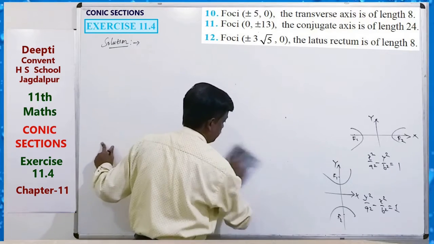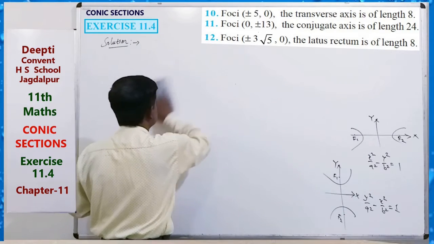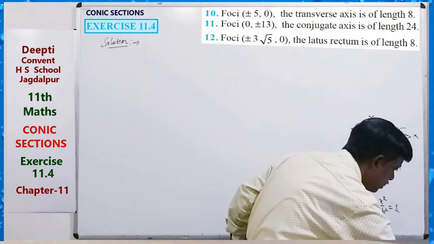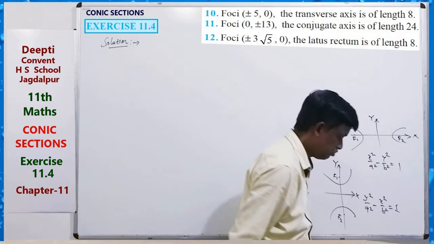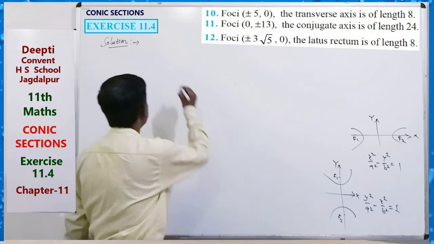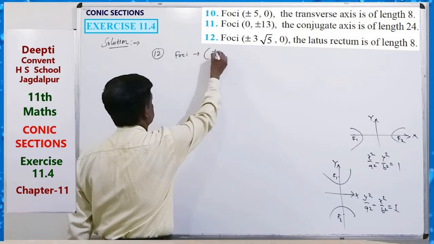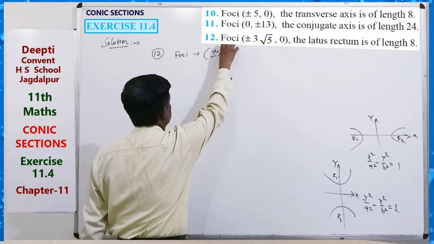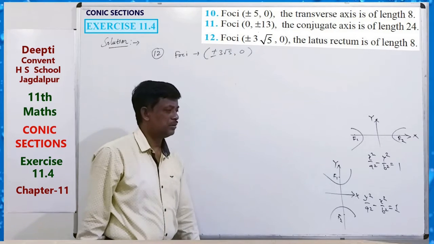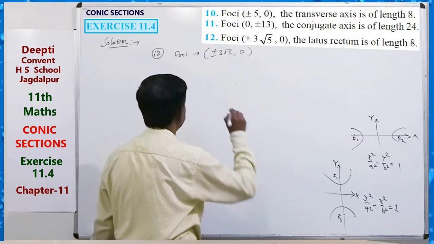In question 12, just see here, what is given? Foci plus minus 3 root 5, 0, and latus rectum of length 8.